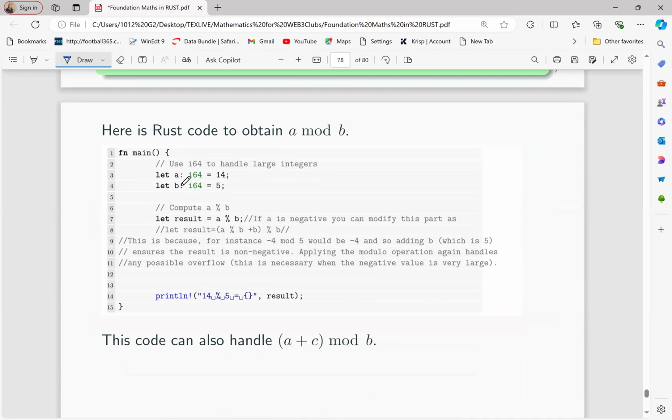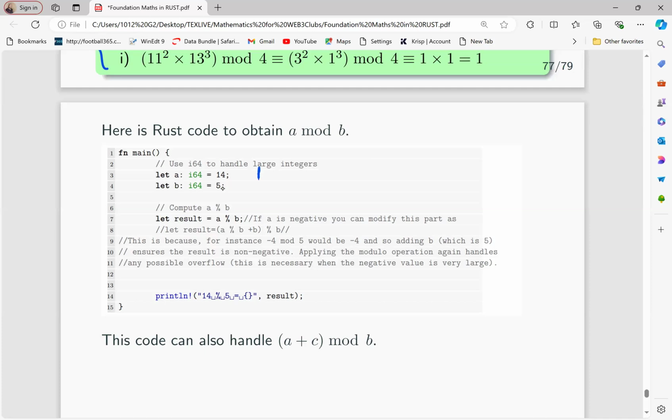If I delete this i64 and just leave it this way, if I say let a be 14, let b be 5, it will assume that I'm using i32. So I decided to be specific that at this time, I want to handle bigger values than i32.